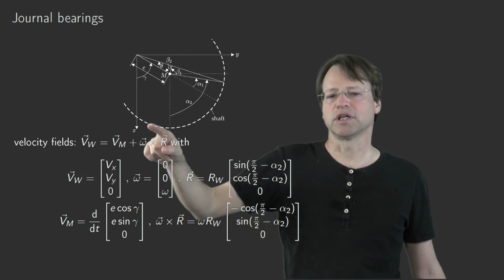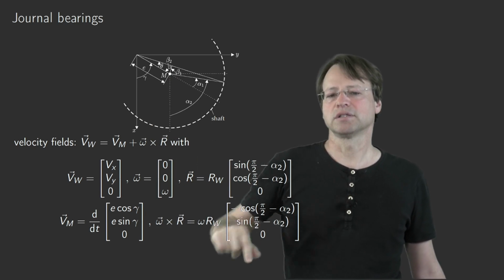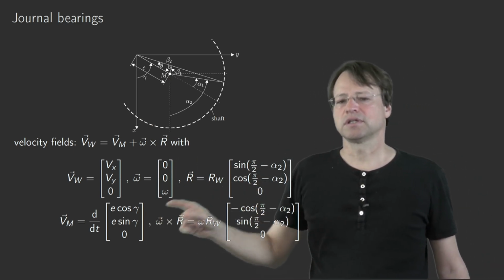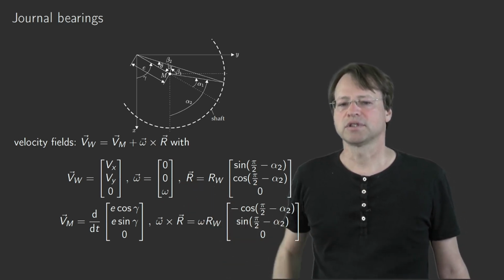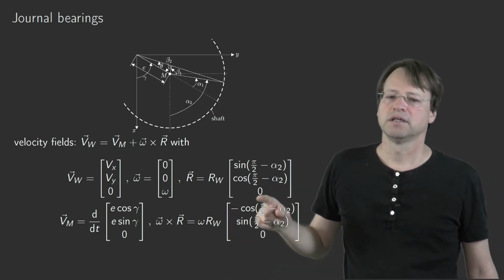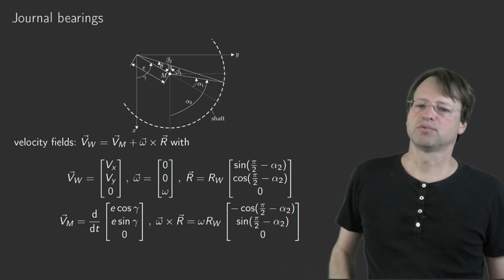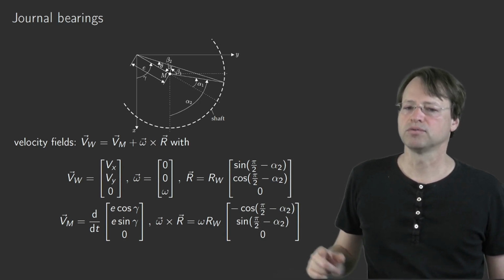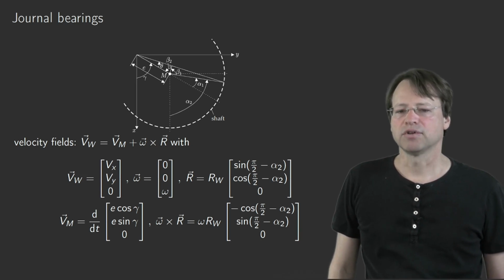You can see the projection on the x-axis is E cosine gamma, the projection on the y-axis is E sine gamma. So this time derivative has to be taken, and we have to compute omega times r. This is done here. It is omega r sub w, and then for the vector product you obtain minus cosine of pi divided by 2 minus alpha 2 and sine of pi divided by 2 minus alpha 2.